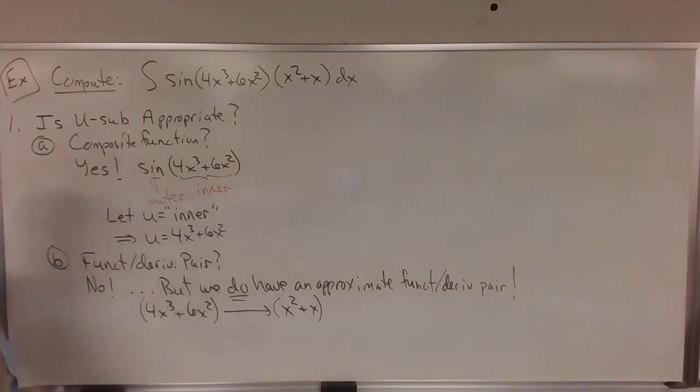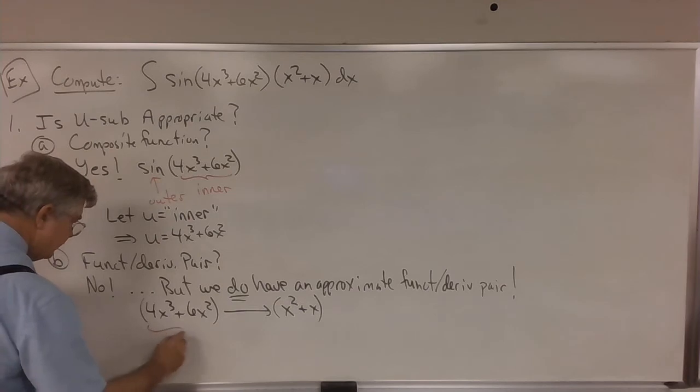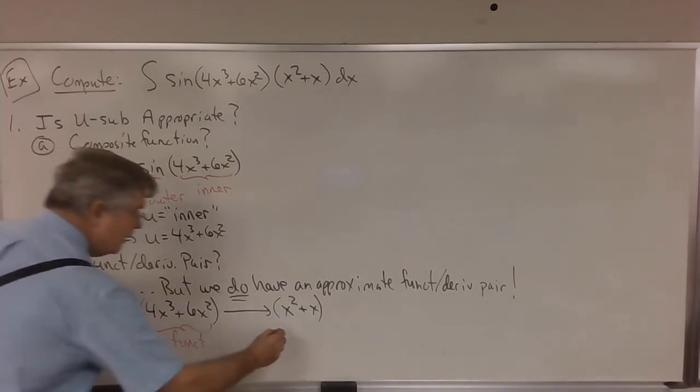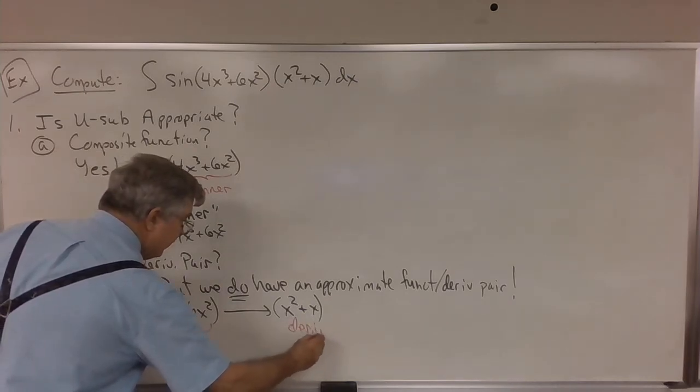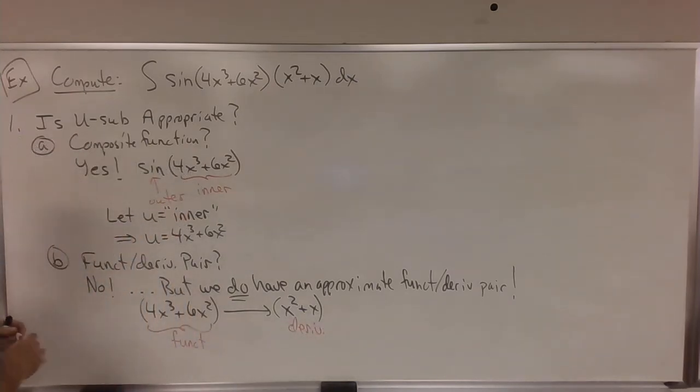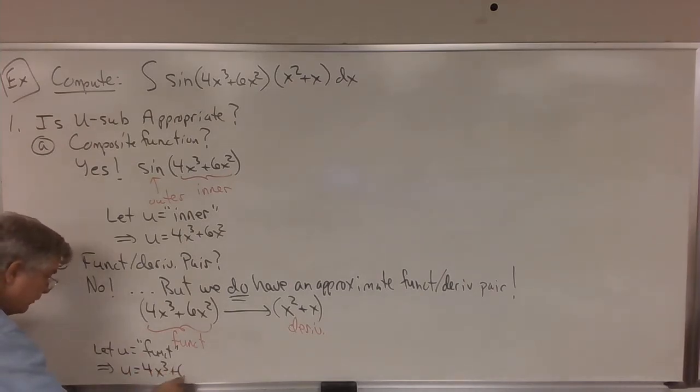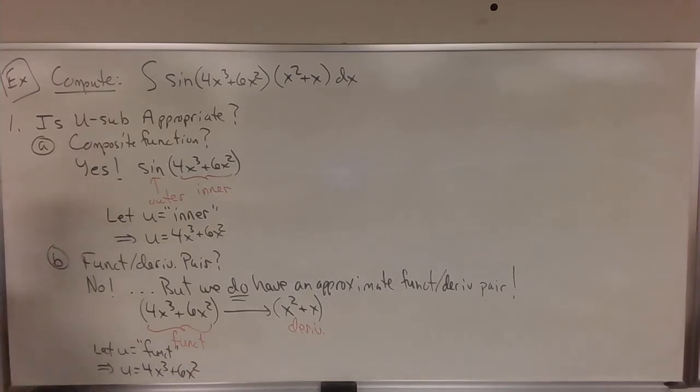It's not an exact function derivative pair, but we're only off by a constant. And our criterion is to let u equal the function. So in other words, u equals 4x cubed plus 6x squared.